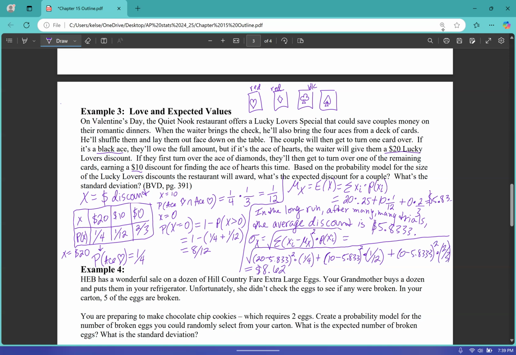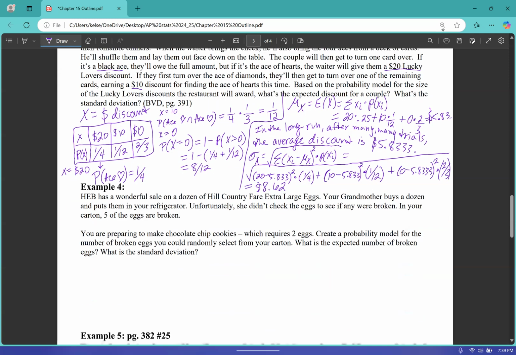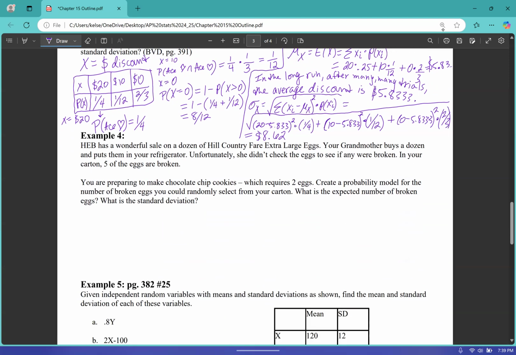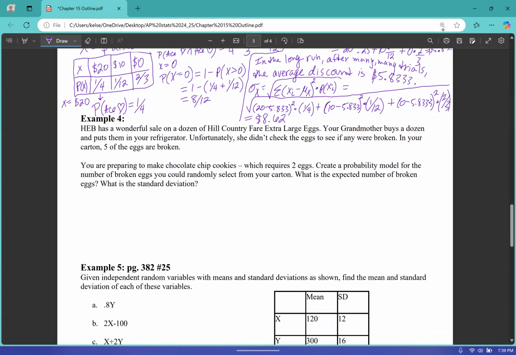So now we're going to go ahead and we're going to look at example 4. So it says HEB has a wonderful sale on a dozen of Hill Country Fare extra large eggs. Your grandmother buys a dozen and puts them in your refrigerator. Unfortunately, she didn't check the eggs to see if any were broken. In your carton, 5 of the eggs are broken.